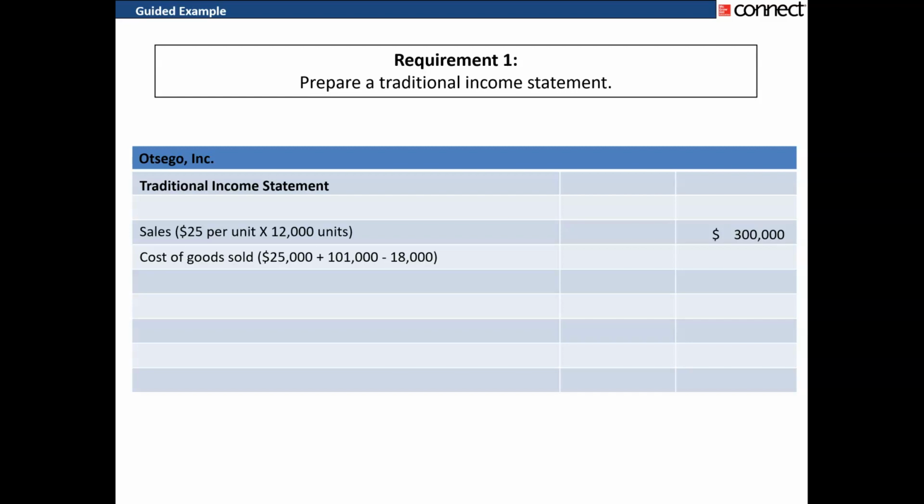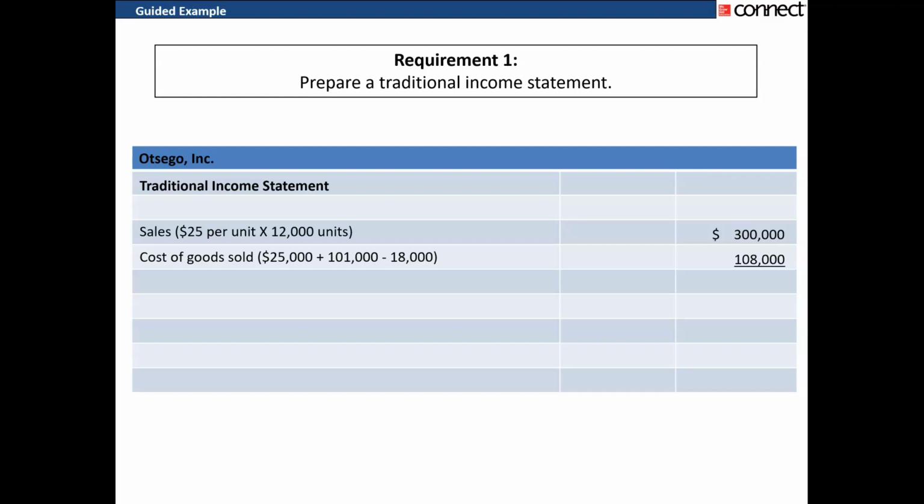Now, this is the formula that I just talked about to get cost of goods sold, where you take beginning inventory of $25,000, you add what you purchased, which is $101,000, and then you subtract what you have in ending inventory at the end of the period. That was $18,000.